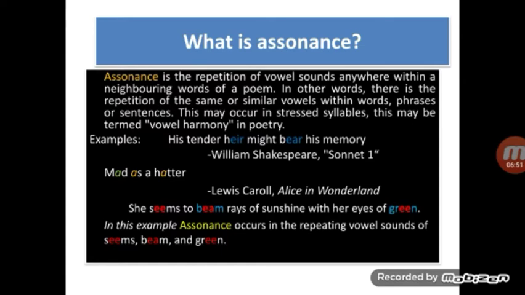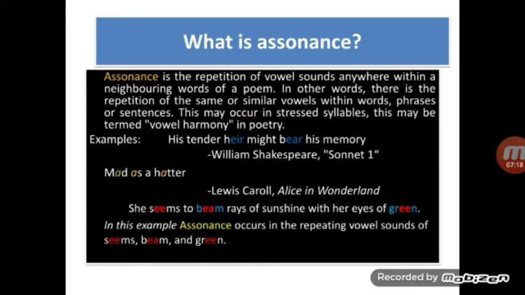And the third one is: "She seems to beam rays of sunshine with her eyes of green." In this example, assonance occurs in the repeating vowel sounds of seems, beam, and green.